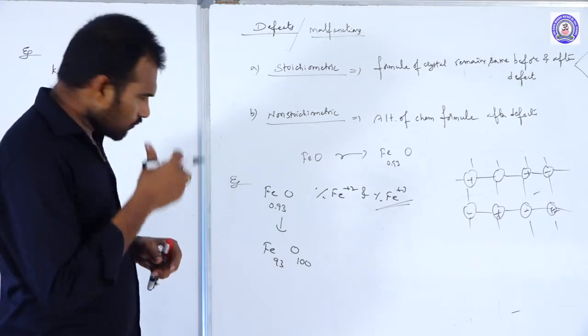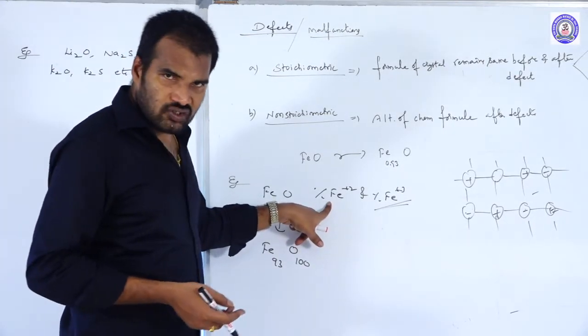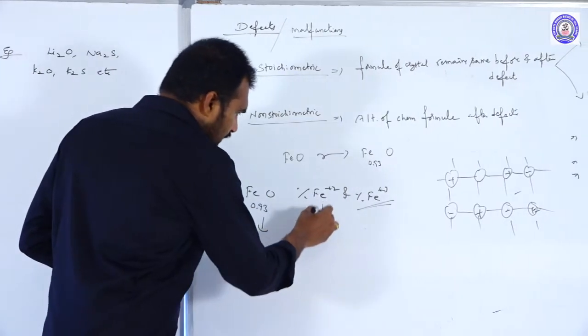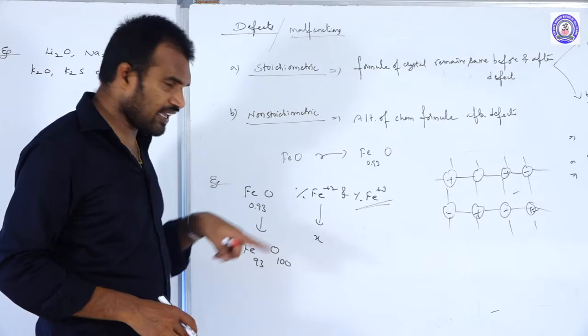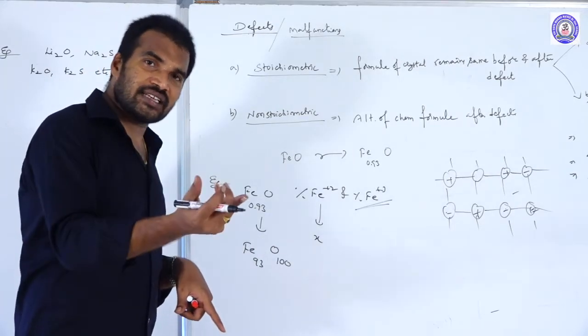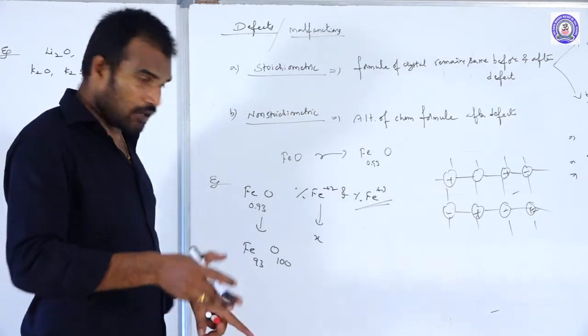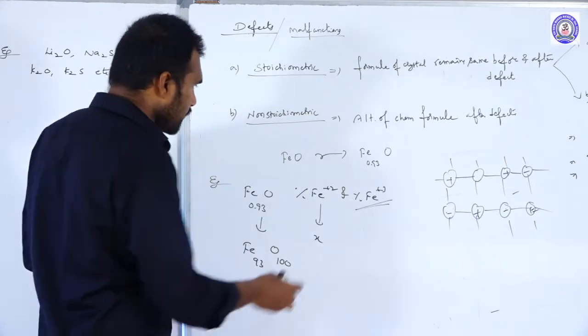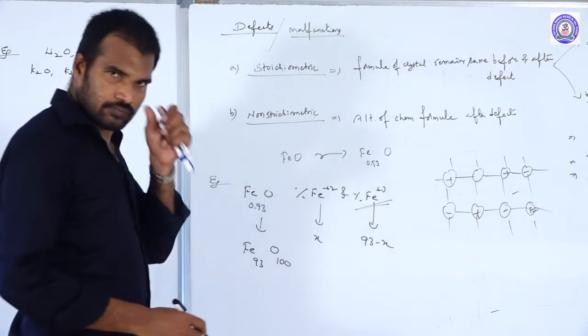Out of 93 atoms, I am considering the number of ferrous ions as X. If ferrous ions is X, then ferric ions will be 93 minus X, because the total number of iron atoms is 93.